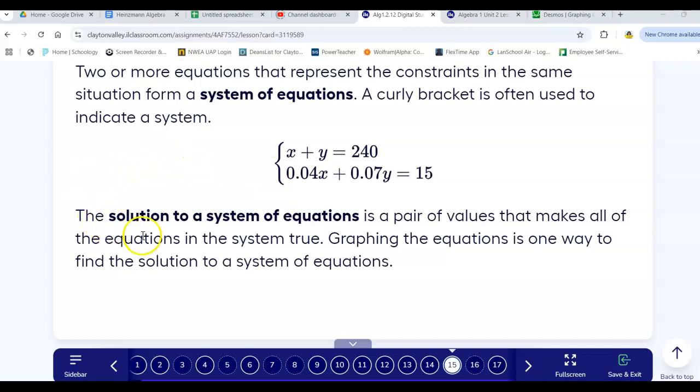And the solution to a system of equations is a pair of values that makes all of the equations in the system true. And graphing the two equations is one way to solve this situation.